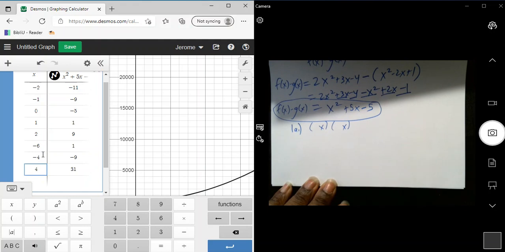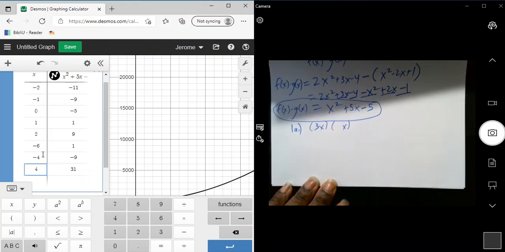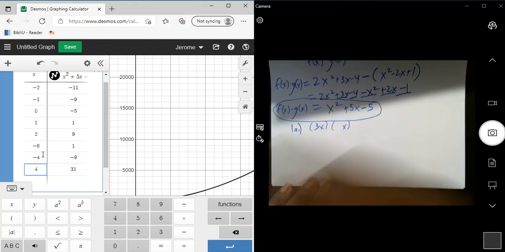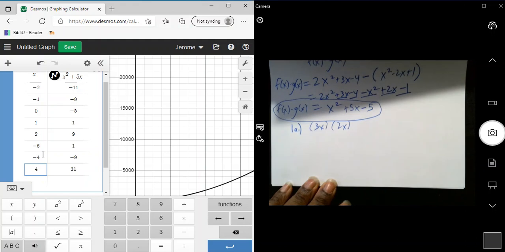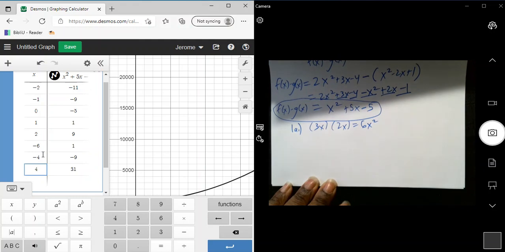Now we want to triple the length of one side, so 3 times that one side, and double the length of the other side. So we had 3x times 2x, which is 6x squared. So that's basically it, the new area in terms of X.